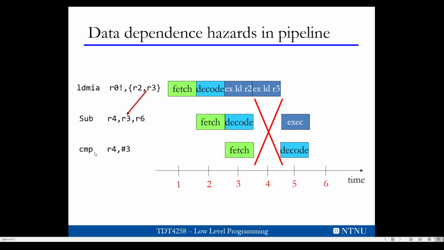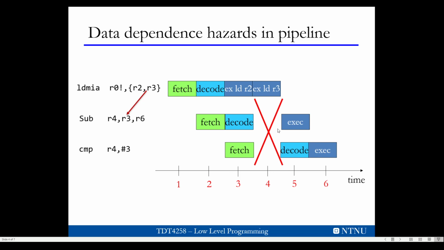Not only that, the CMP instruction cannot be decoded in this cycle because the hardware unit responsible for decoding is already occupied by the sub instruction. So we need to stop everything behind the execute stage. Execution of this instruction is delayed, decode of the next instruction is delayed, and if we had one more instruction, fetch of that instruction would have also been delayed. Wherever the pipeline stops, all the stages behind that also need to be stalled.